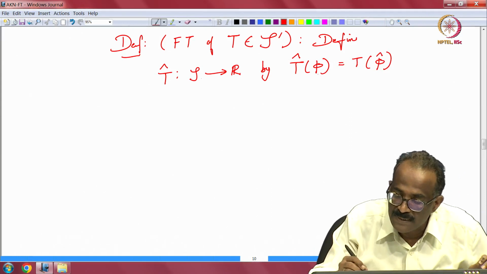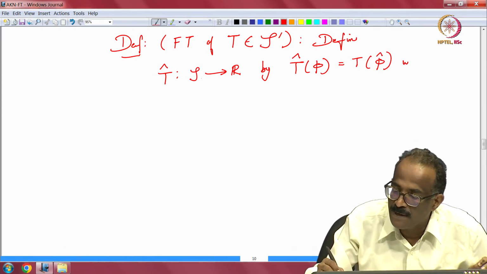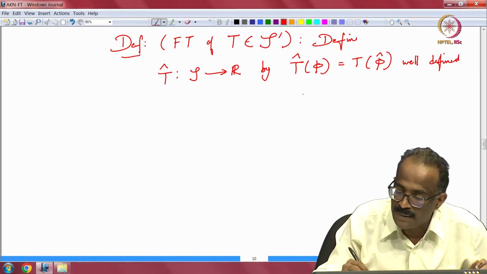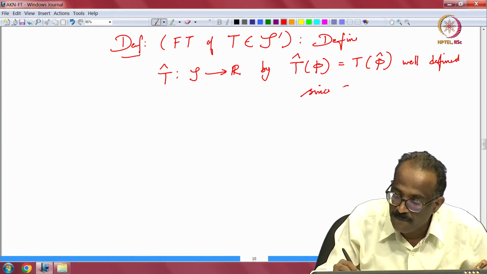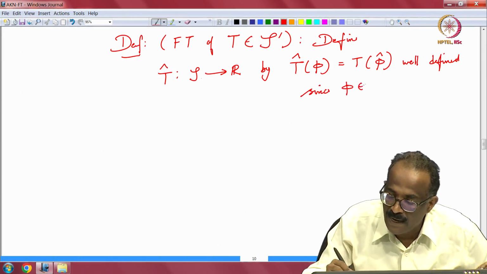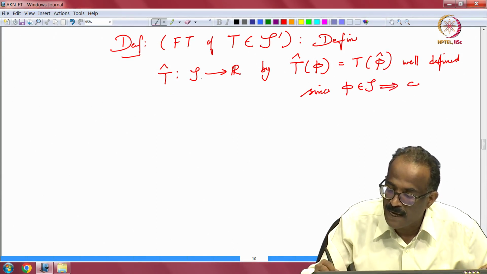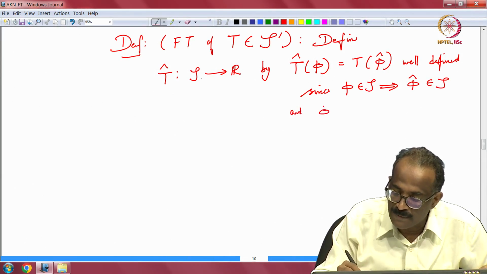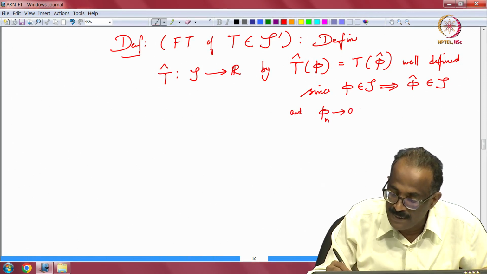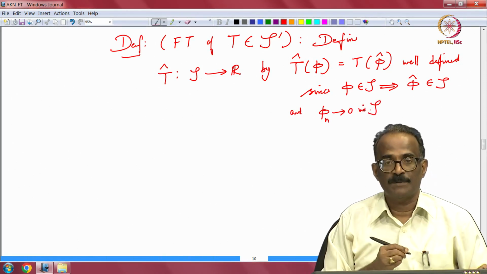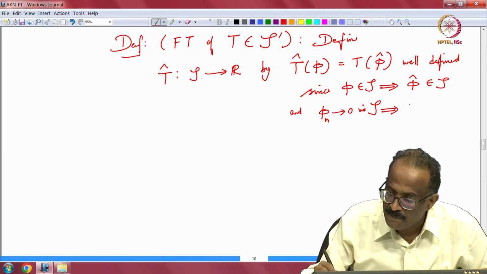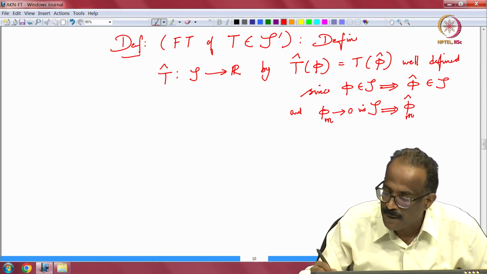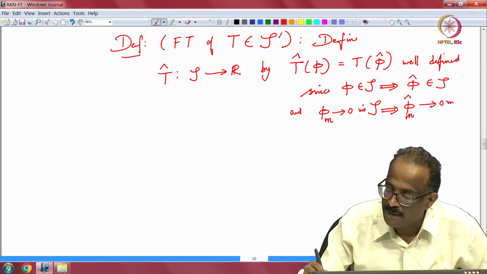because if phi is in zeta, then phi hat is in zeta, and if phi m converges to 0 in zeta, these are all properties of the Schwartz space, then phi m hat goes to 0 in zeta.